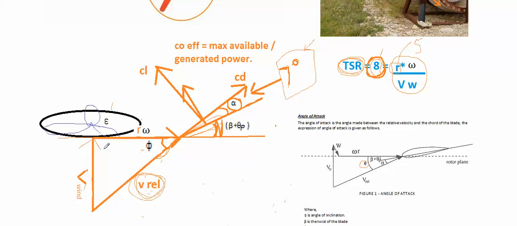We are speaking about a single element. I don't want you to get confused. This is the velocity triangle of the element which is located here, the final element at 5 meters. So we are speaking about a single element right now.